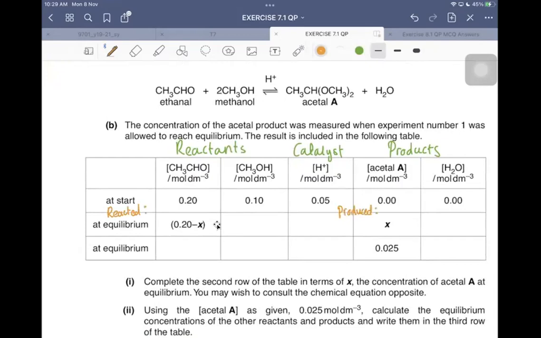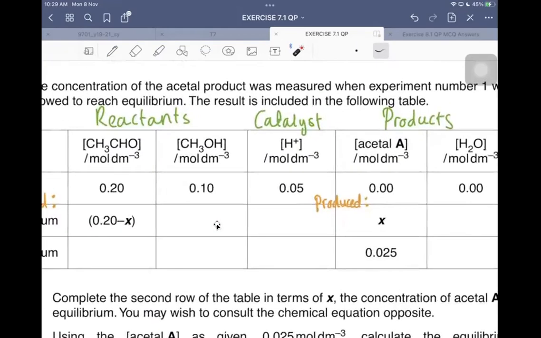Okay, these two rows are actually just the same at equilibrium. Okay, it's just that one is in terms of X and the other one they want you to find in terms of number. So the missing row here is the reacted / produced row, which is the most crucial because that's the one that you can use mole ratio. Okay, so if you started with 0 and at equilibrium you have 0.025, that means you must have produced 0.025.